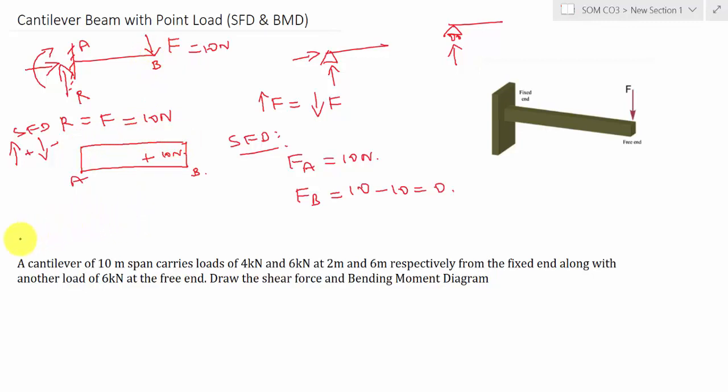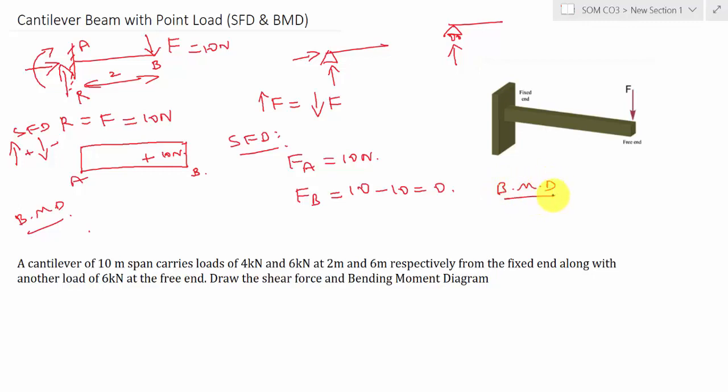Then the bending moment diagram. We know that the bending moment is force into the perpendicular distance. Let's say the perpendicular distance is 2 meters here. Let's calculate the bending moment first.